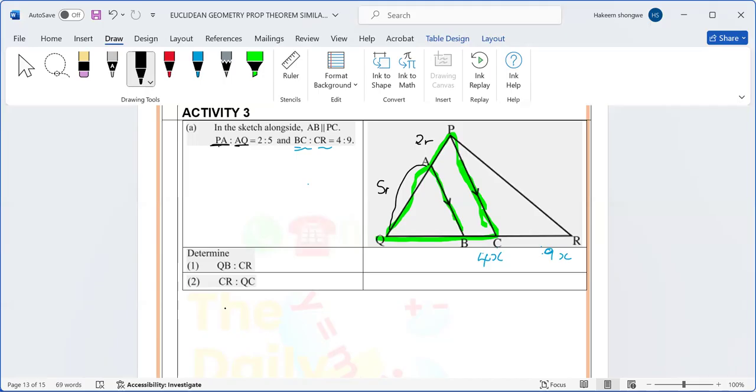QA over AP is equal to QB over BC. And then what is the reason? Prop theorem: a line parallel to one side of a triangle.